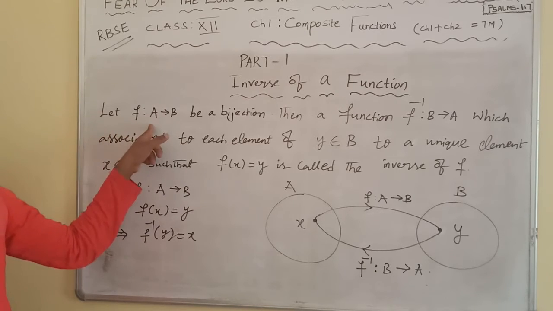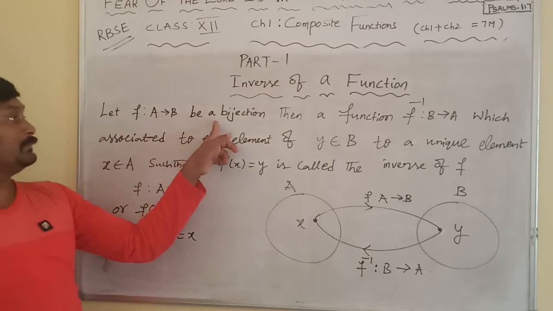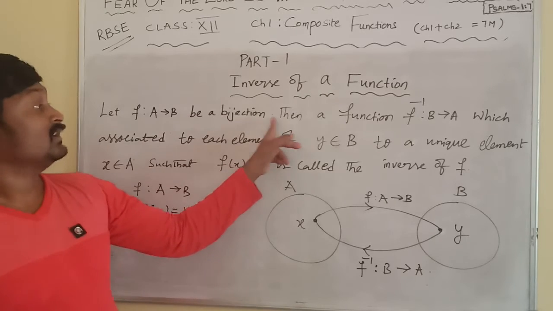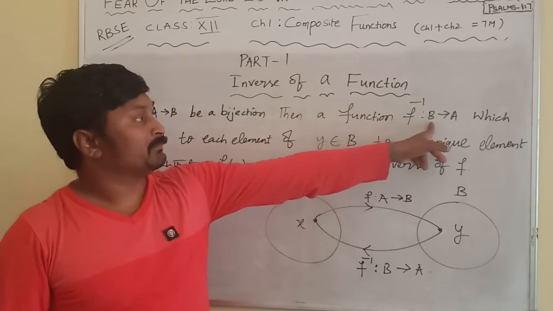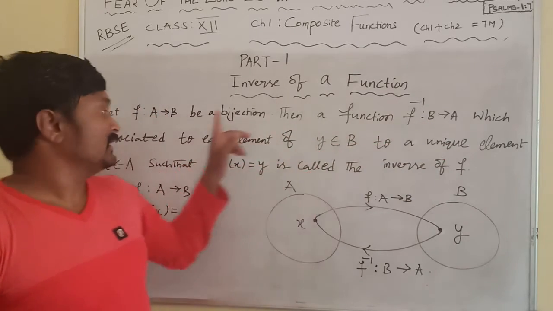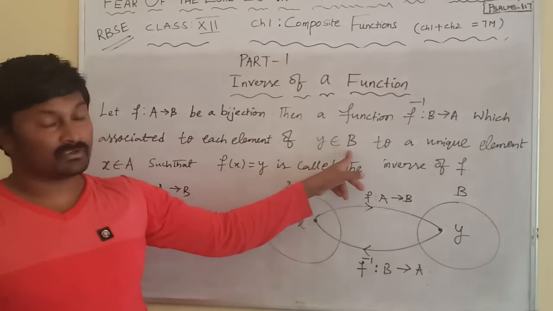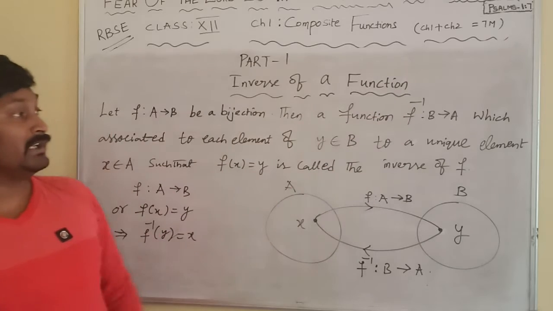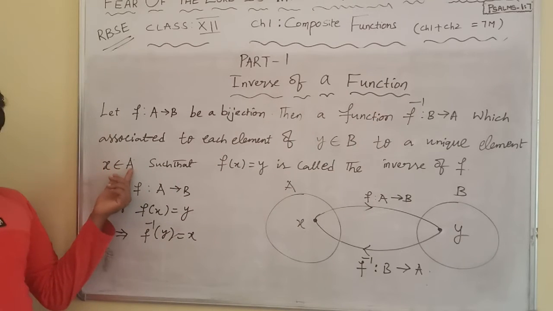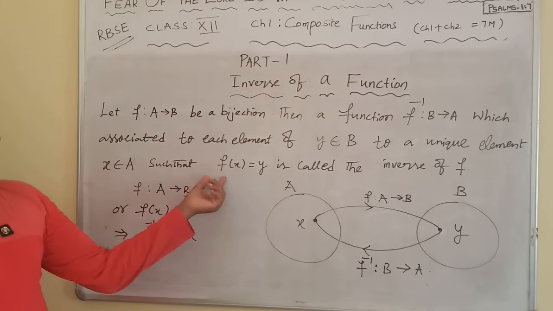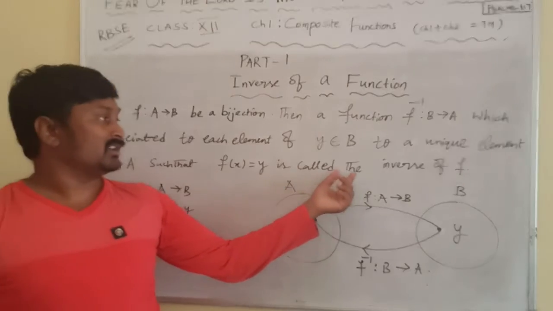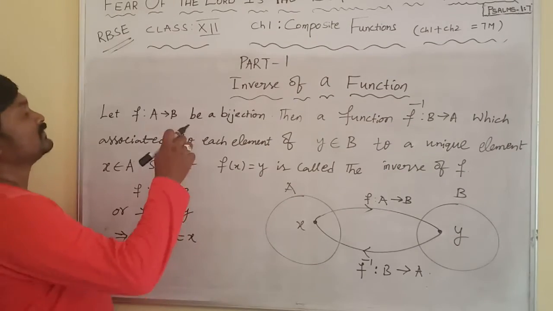Let f maps A to B be a bijection. Then a function f inverse maps B to A, which associates to each element y belongs to capital B a unique element x belongs to A, such that f of x is equal to y, is called the inverse of f.